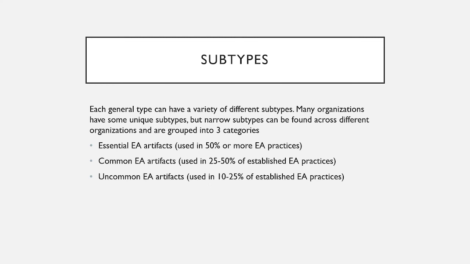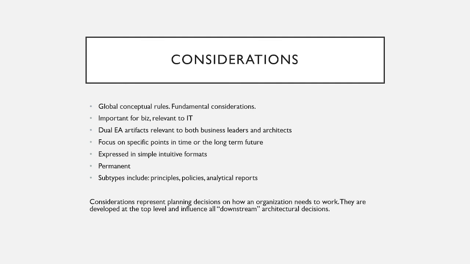So, with the idea of subtypes in mind, let's get cracking at these 6 general types. Starting with considerations. Considerations are global conceptual rules, fundamental considerations important for the business, relevant to IT. They're dual EA artifacts, relevant to both business leaders and architects, and they focus on specific points in time, expressed in simple formats.